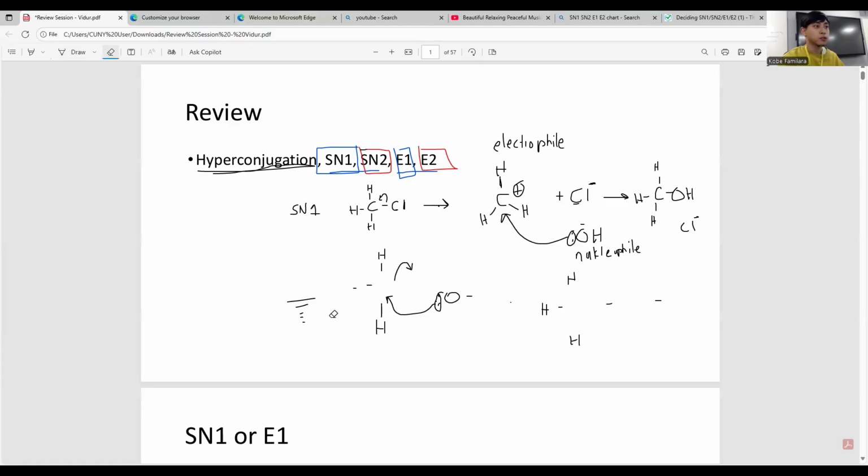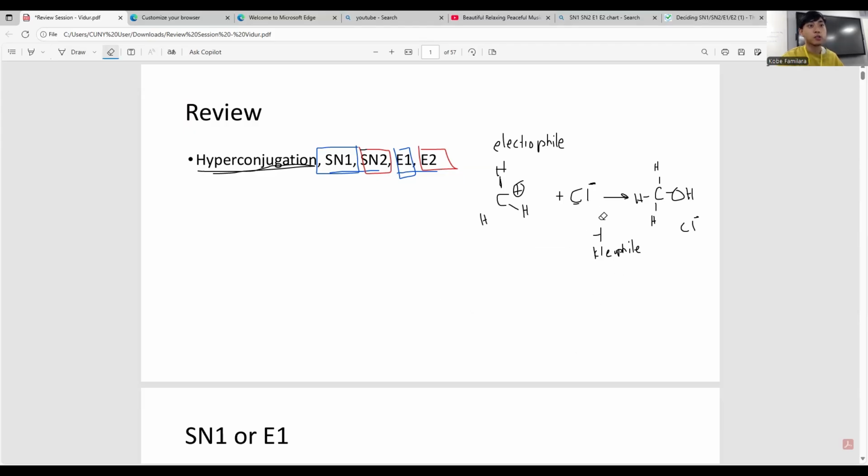To talk about E1 and E2, it's pretty much the same thing. In E1 reactions, the leaving group leaves on its own, and in E2 reactions, you have a base or nucleophile, but here we call it a base, attacking that electrophilic center.